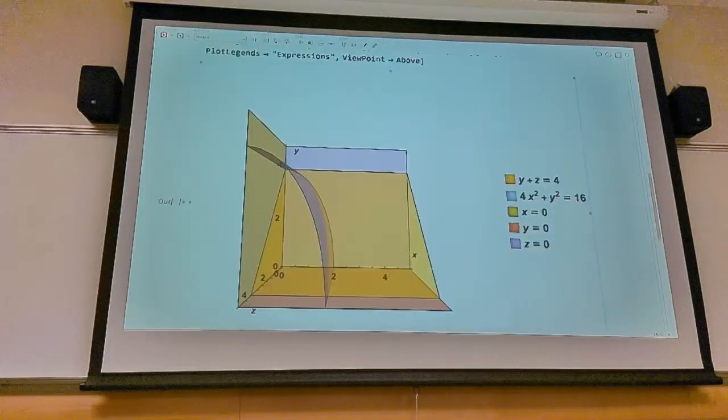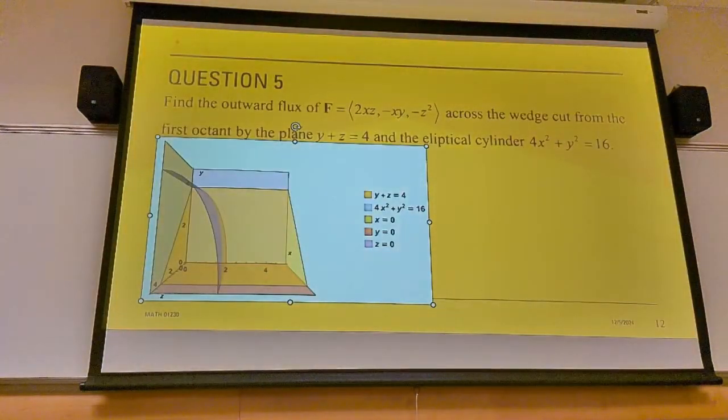Is that a closed surface? Yes, it is. So we can use the divergence theorem. We need to describe the region.